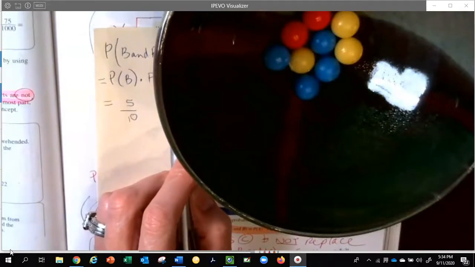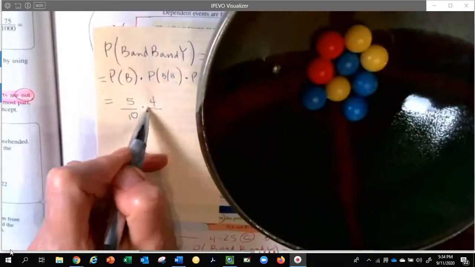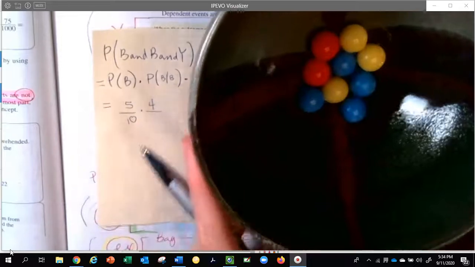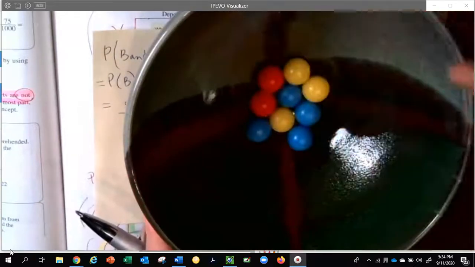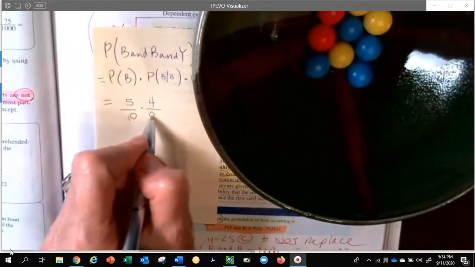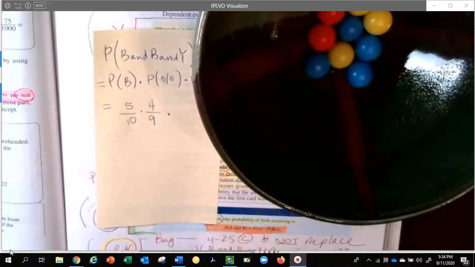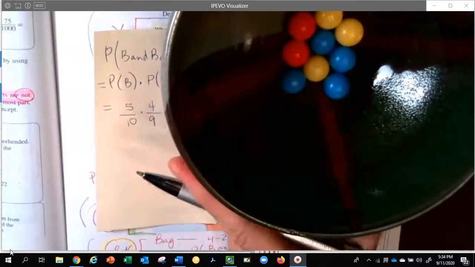What's going to be the probability of getting a blue ball this time? 1, 2, 3, 4. So it's no longer 5. It's dropped down to 4. And 1, 2, 3, 4, 5, 6, 7, 8, 9. It's no longer 10 balls. It's 9. Here's the big difference between dependent and independent. This is no longer an independent example.